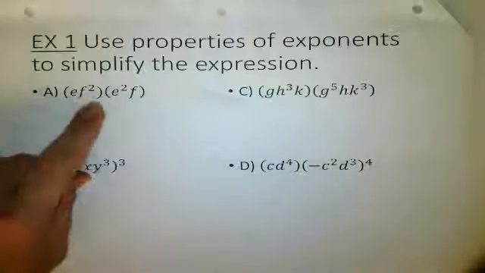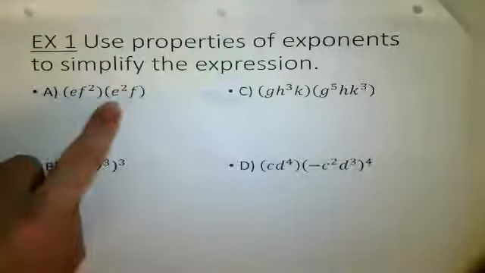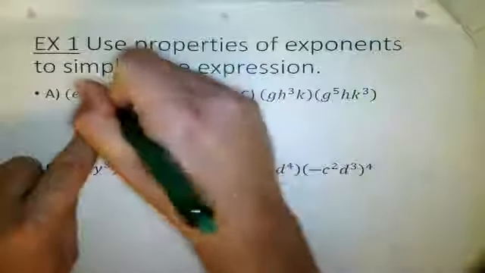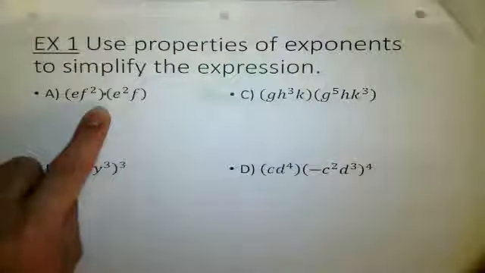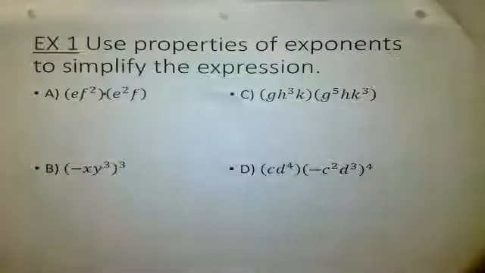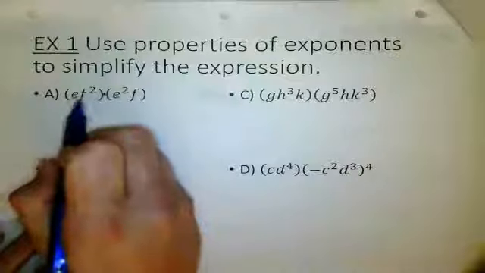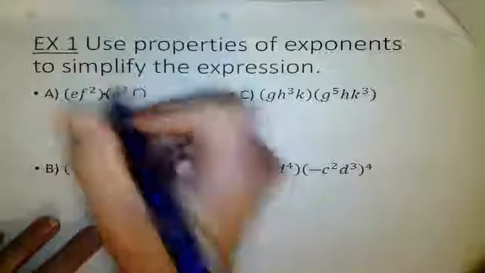When we have a set of parentheses and next to another set of parentheses, what operation is in between? Multiplication. All of this is multiplication. And so what I like to do is write these things without those parentheses, because I think the parentheses actually impede our understanding. So what I'm going to do is I'm just going to drop all these parentheses. We have all of these things that are just being multiplied together.